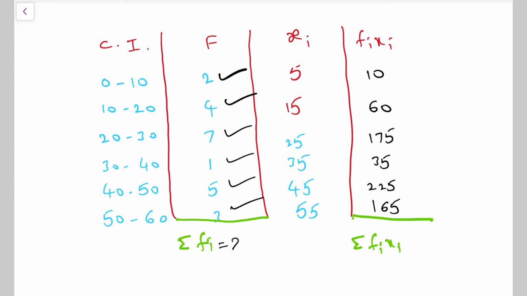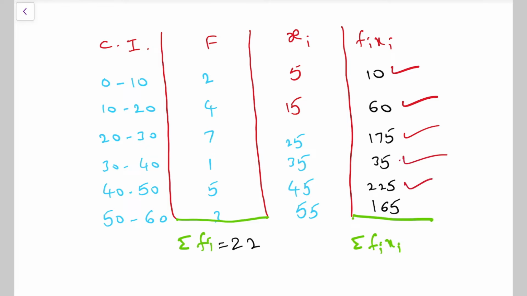So sigma fi is equal to 22. The same way, let us add fixi column also. 10 plus 60, 70. 70 plus 175, it is 245. 245 plus 35, 280. 280 plus 225, 505. 505 plus 165, 670. So sigma fixi is equal to 670.